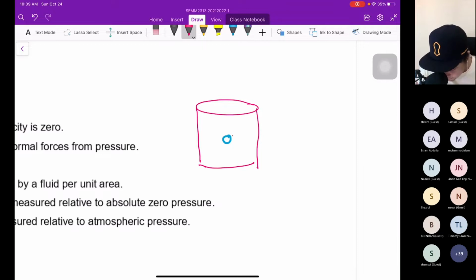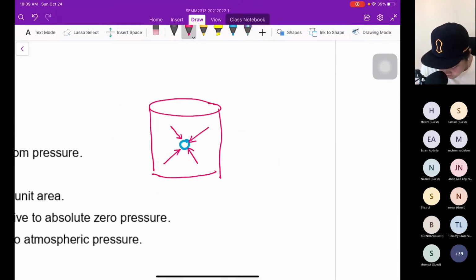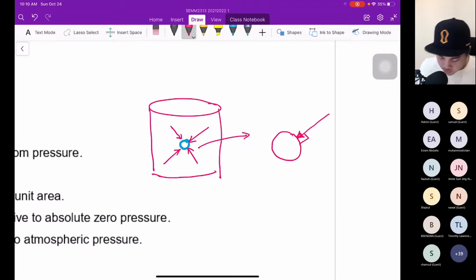So we have normal force, which must be perpendicular or normal to the fluid particle. How it is normal, you can see here, I try to zoom. When this is the fluid particle, this is the pressure, this is the force. It should be perpendicular.